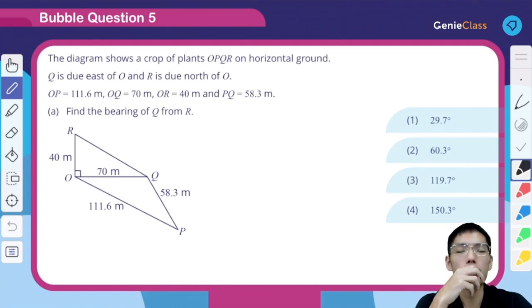Alright, take note, where is the bearing you're finding? Very important. Be careful of your trigo ratios, very important. Don't get tricked.